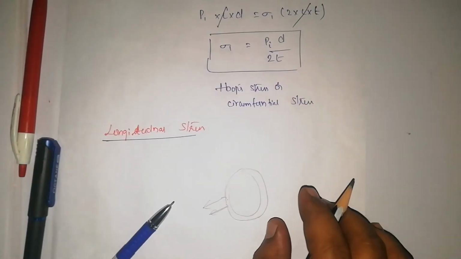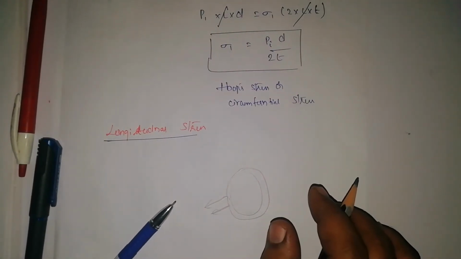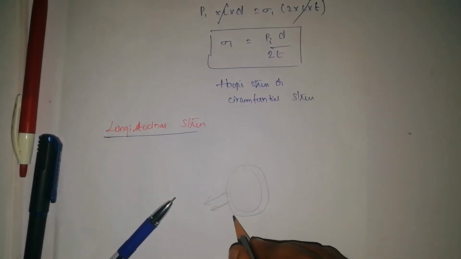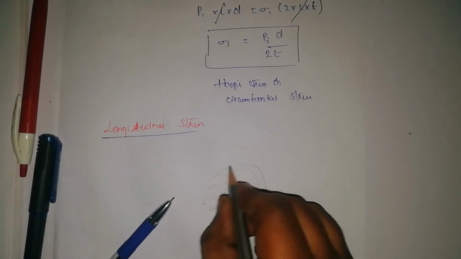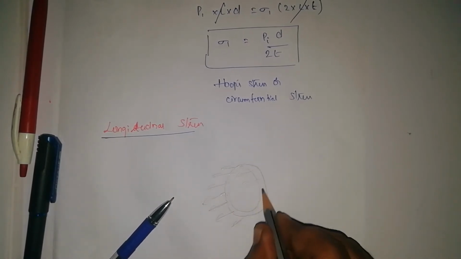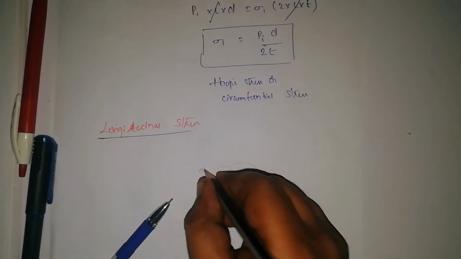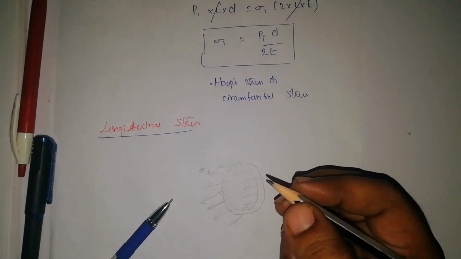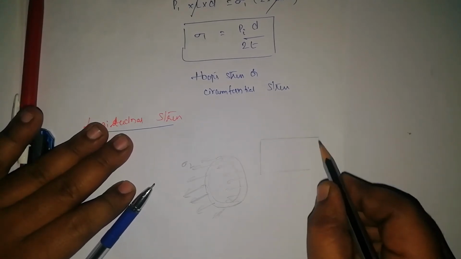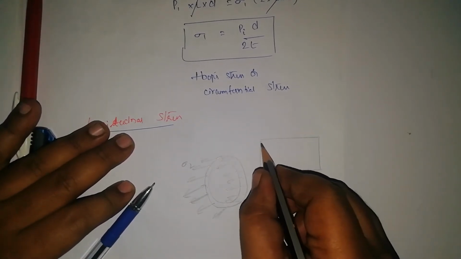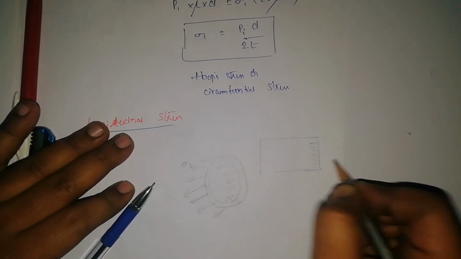okay. The stresses are acting like this along this whole surface, they will be acting. So, these are your longitudinal stress, which we generally represent as sigma 2, whereas your internal pressure, if this is your pipe, so on the pipe at the faces you will be having pressure acting like this.